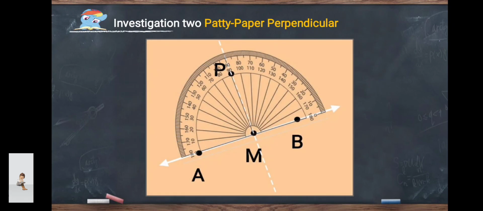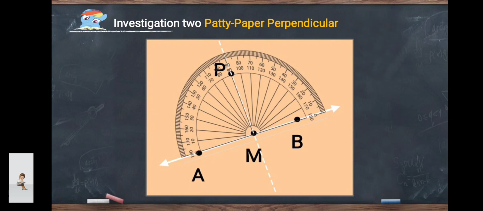Angle AMP is 90 degrees, angle BMP is 90 degrees. It means angle AMP is equal to angle BMP. It does not matter whether point M is the midpoint of line AB. It is alright as long as point M is on the perpendicular bisector of line AB.